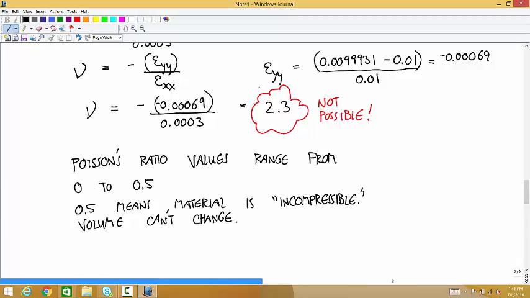So a Poisson's ratio bigger than 0.5 means that you have a material where if you press on it or pull on it, the net effect is making the volume increase, which makes no physical sense.